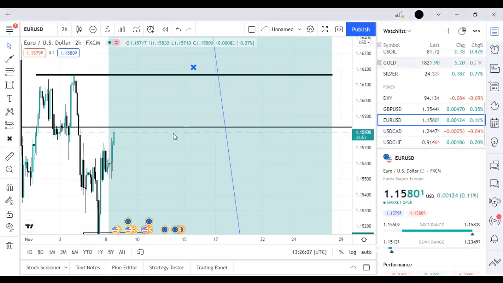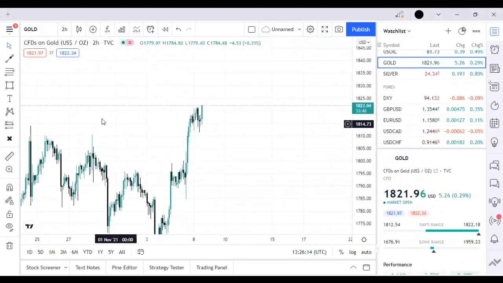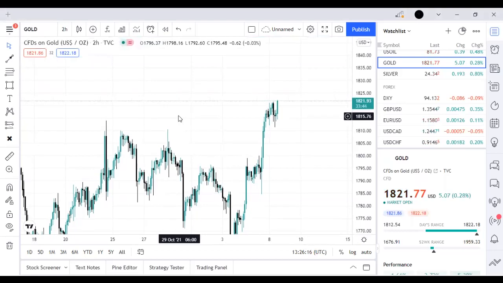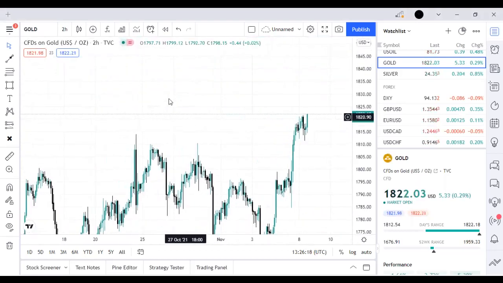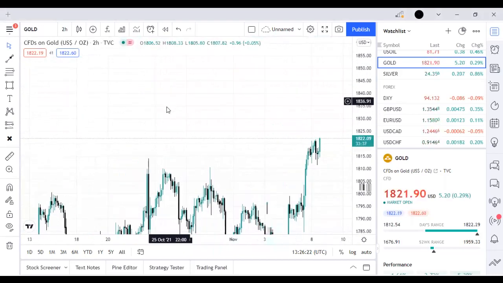We have the upward structure and the downward structure, in the sense that we have the uptrend and we have the downtrend. Let me remove all this. Sorry, let me use a clean chart.